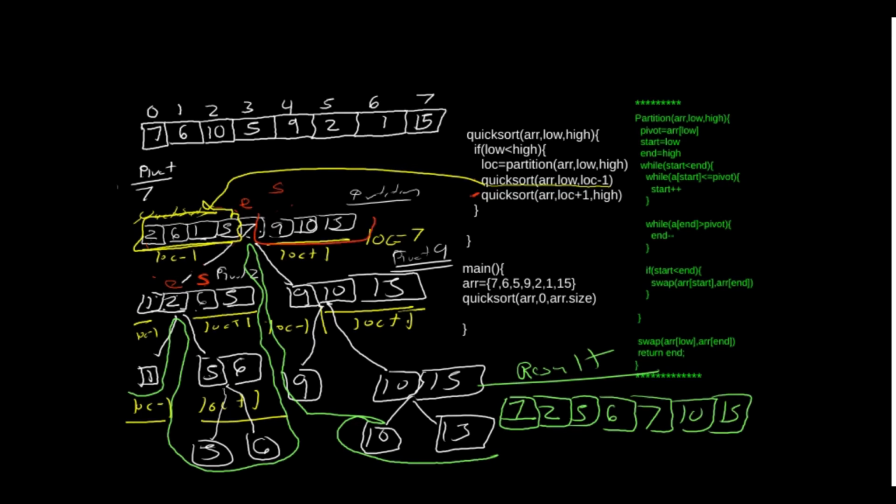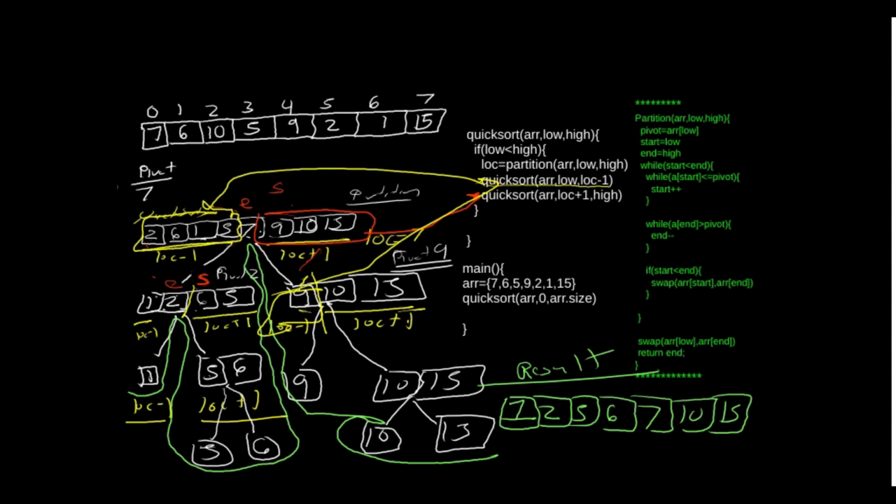This function is being called in the main code, and this one here in the main, 9 to 15, it's being called on this line, but recursively will call on the left side lock takeaway 1.